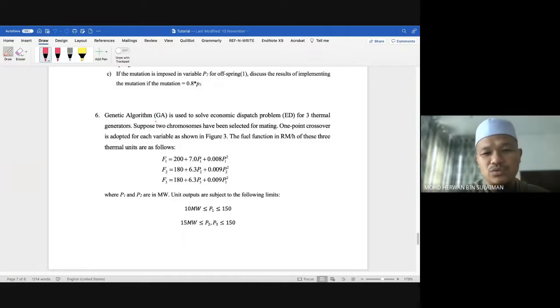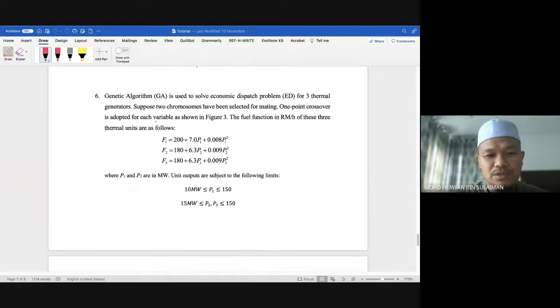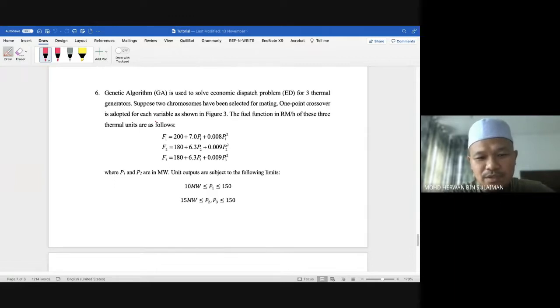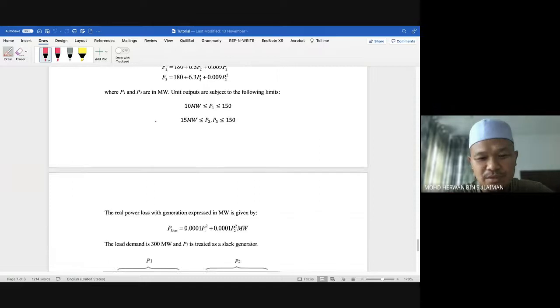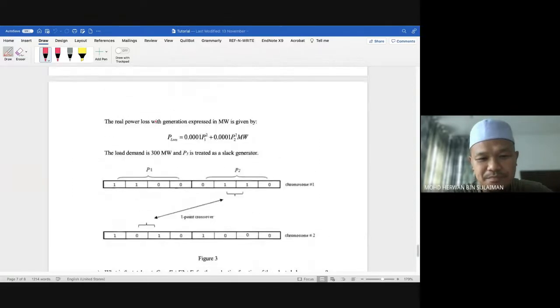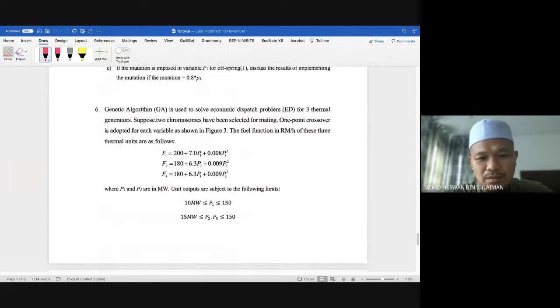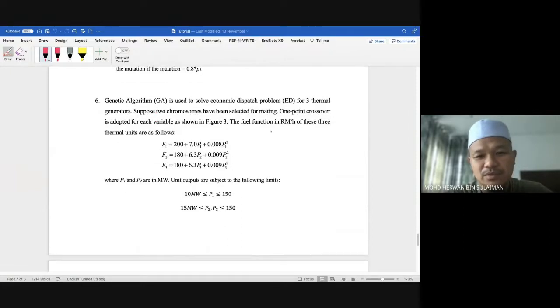GA is used to solve an economic dispatch problem for 3 thermal generators. Suppose 2 chromosomes have been selected for mating, and 1 point crossover is adopted for each variable as shown in figure 3. Then the fuel functions in dollars per hour of these 3 thermal generators are as follows.